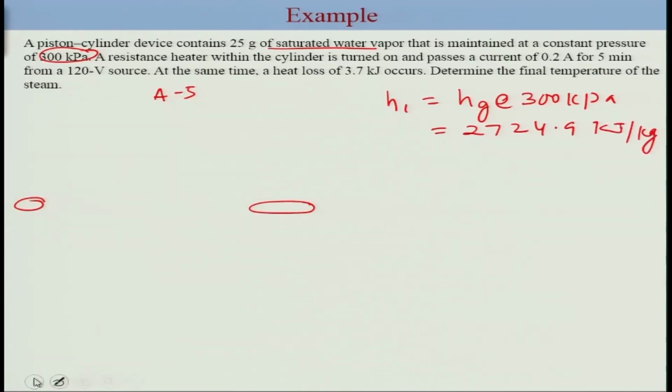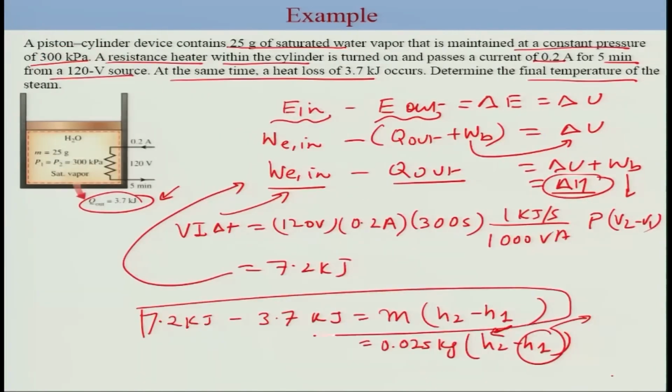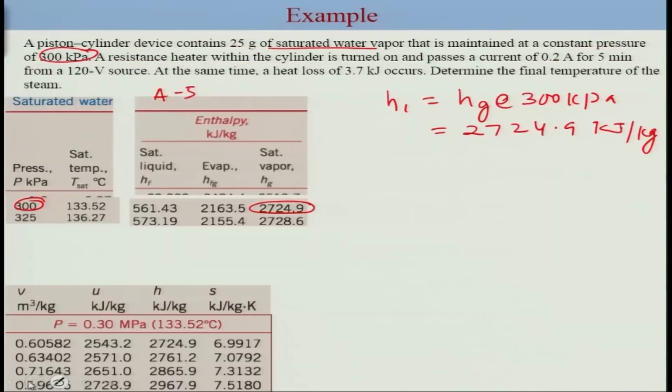So we plug in this value in the previous expression, and from here we can get H2 by plugging in this value of H1, which is 2864.9 kilojoules per kg.